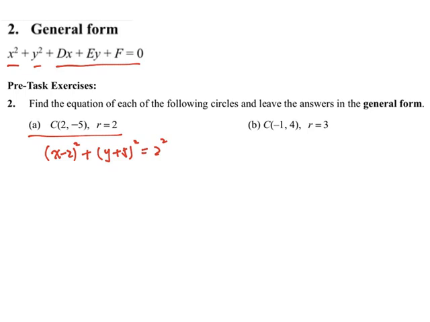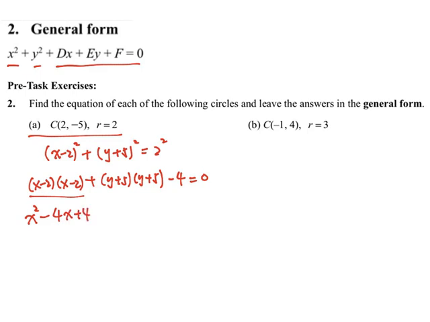Then we need to expand it. That means (x minus 2), and then (y plus 5), and then minus 2 squared is 4, so move to the left-hand side and it becomes -4. You can use the rainbow or the identity. So after simplification, we get x squared minus 4x plus 4, and then for this one, y squared plus 10y plus 25 minus 4 equals 0.